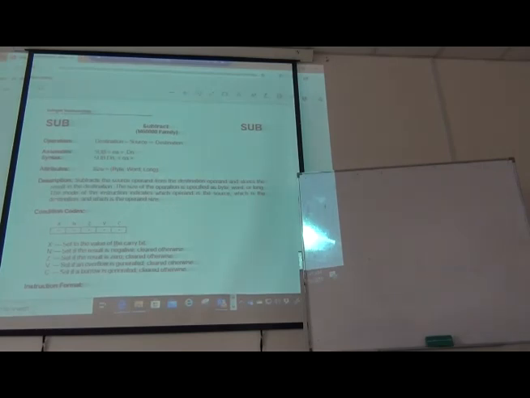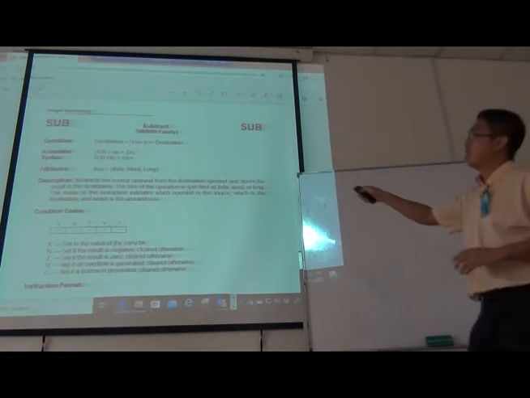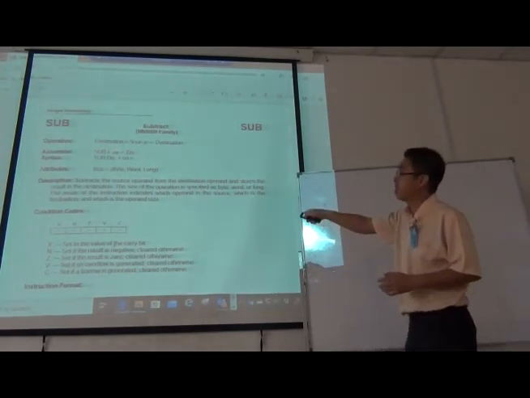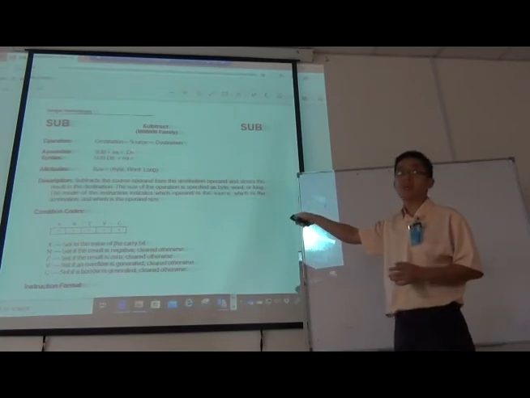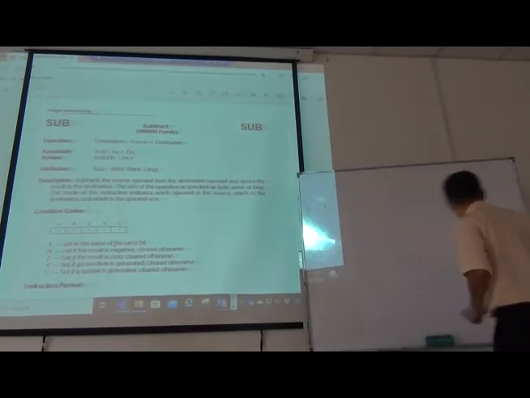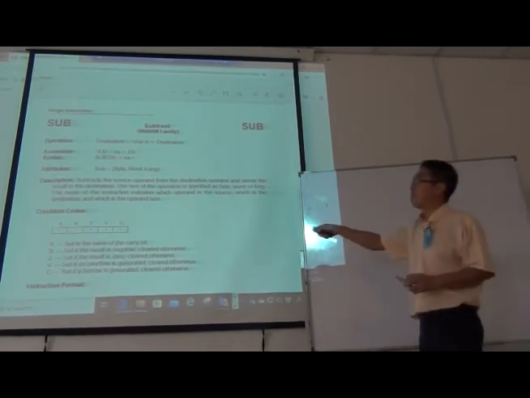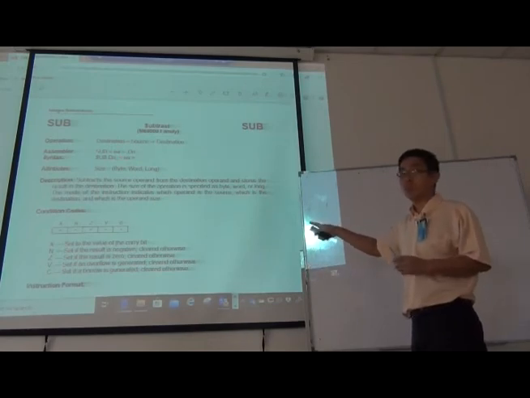It looks similar to the add operation. You can see that the pattern will be like this. Sub effective address, and the final destination must be a data register. And the second pattern is data register at the front, and the final answer will be saved to the effective address.